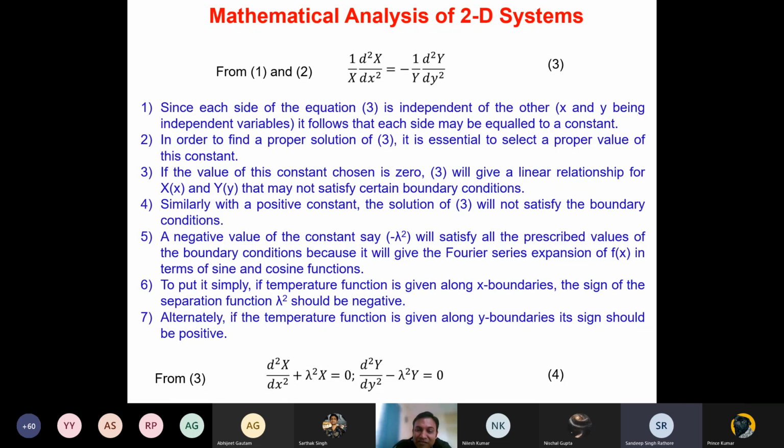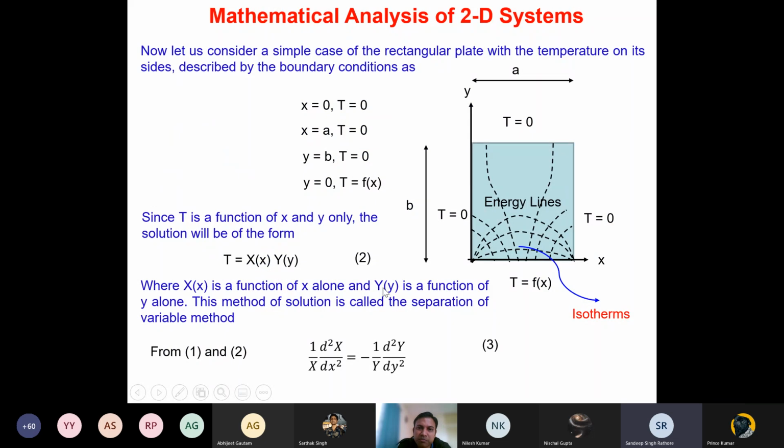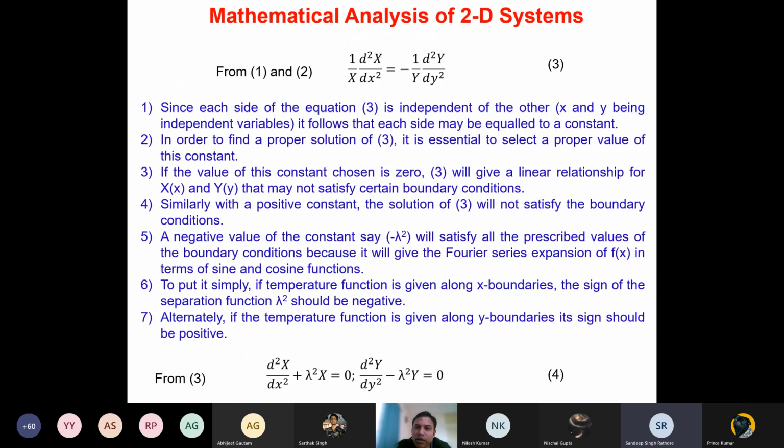Hello? Yes. You can see, as I said, the argument is like this. If I start with a zero value, I can solve, and then I can look at this boundary condition, and then all these boundary conditions. If any of these boundary conditions are violated, that means the selected constant value is not correct. Similarly, if I start with plus lambda square here, then also the boundary conditions will be violated.